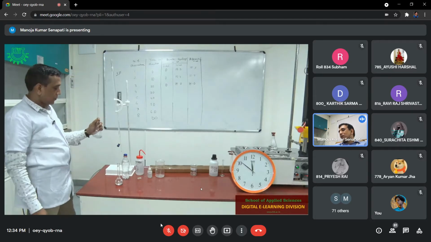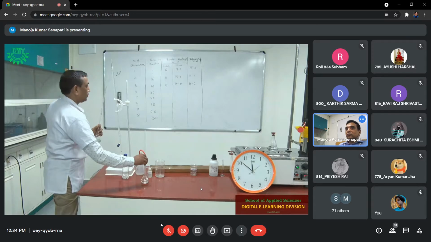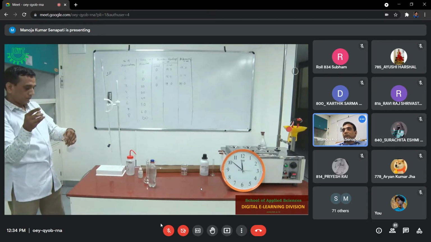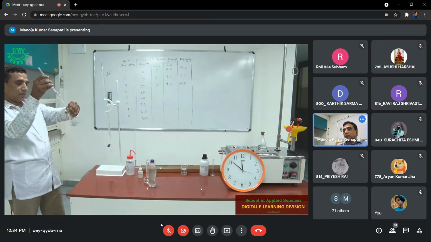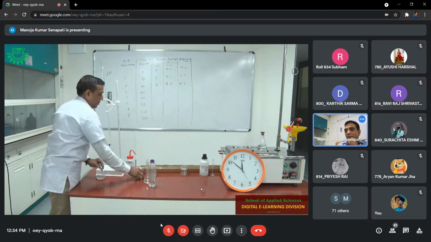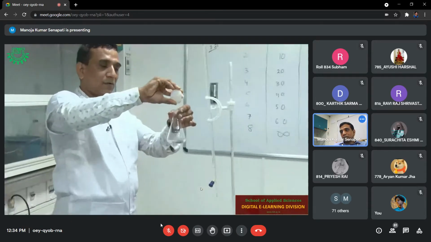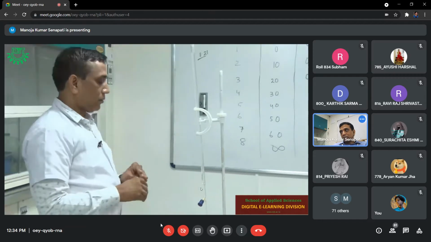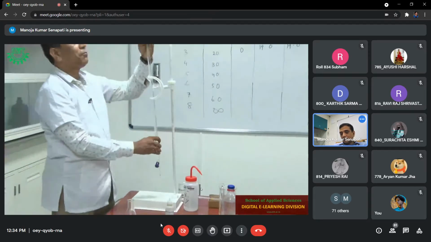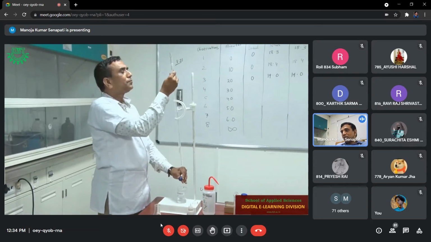Then to this one you will add phenolphthalein and carry out the titration. In this case also, initial burette reading must be set from 0.